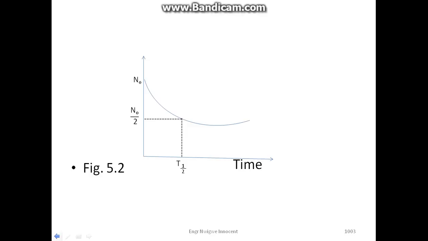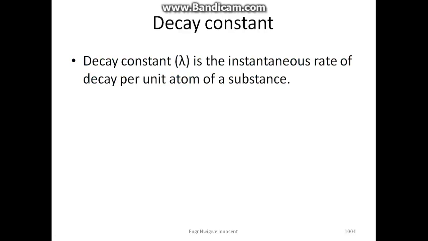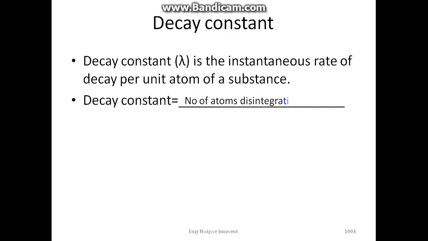Decay constant lambda is the instantaneous rate of decay per unit atom of a substance. Decay constant is equal to the number of atoms disintegrating per second over the number of atoms in the source at that instant.